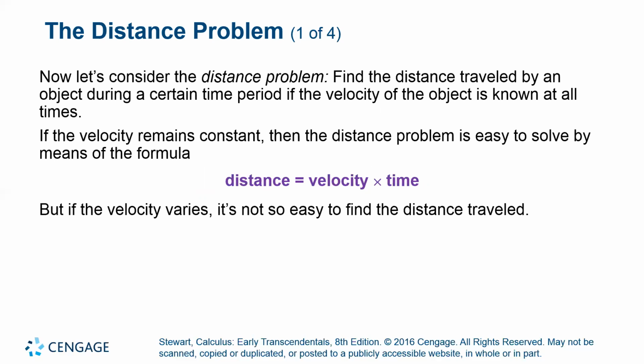But if it is not constant, then it is not easy. If I have a velocity and a time, the distance is given by velocity times time, just like the area is length times width. So we have the width and then the height, which gives you the function value at which endpoint of the interval you are considering.